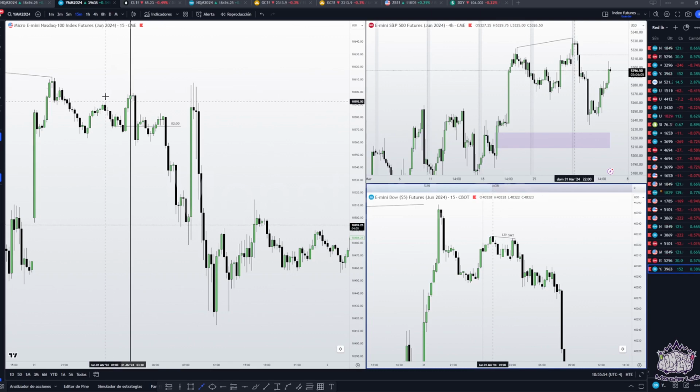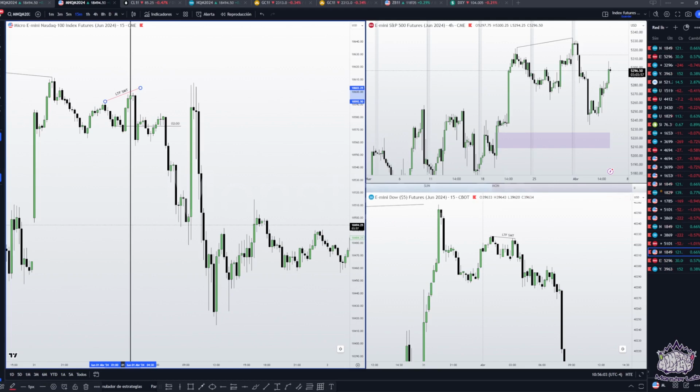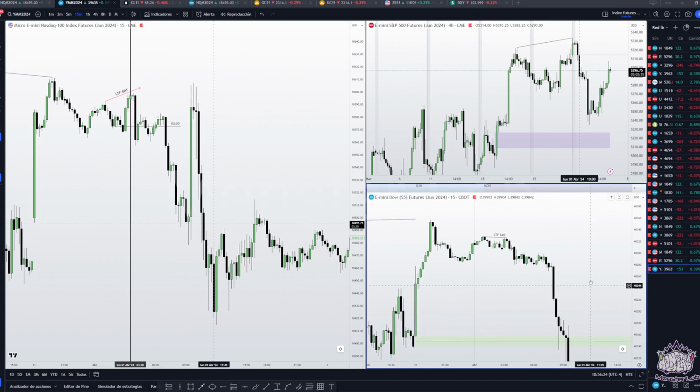It's the same high. You can see here the same high. Momentum expansion move here. Look down.